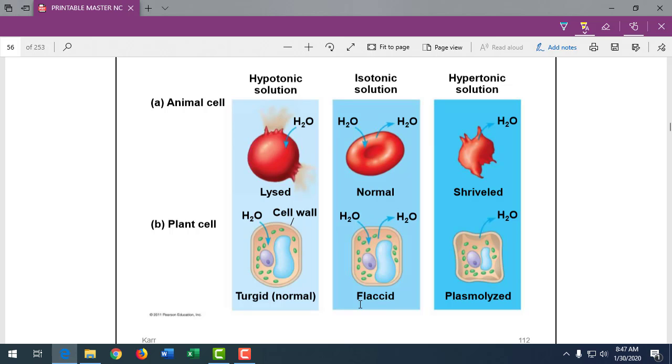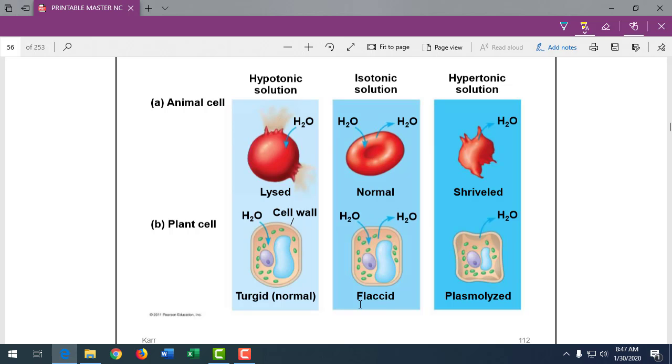It's called a hypotonic solution, which means that environment has a high water concentration, low solute. So if the solution is hypotonic, where we put a cell in, it's not as concentrated in the solution as it is in the cell.